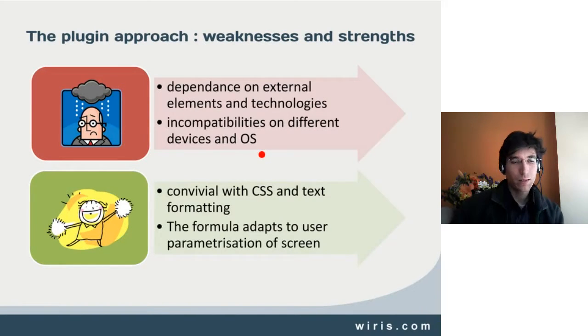On the other side, there are some very good things. It's convivial with CSS and text formatting. And the formula adapts to user parameterization of the screen. These may seem minor to us who are used to just accepting the website as it comes.